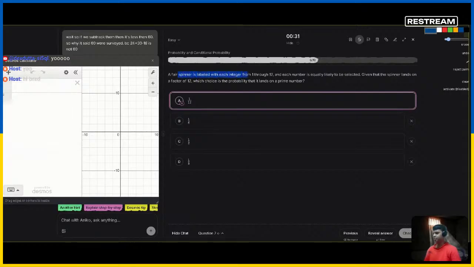A fair spinner is labeled with each integer from 1 to 12, and each number is equally likely to be selected. Given that the spinner lands on a factor of 12, what is the probability that it lands on a prime number? Hey Siri, what's a prime number? A prime number is something that's greater than 1. So aren't they all greater than 1?